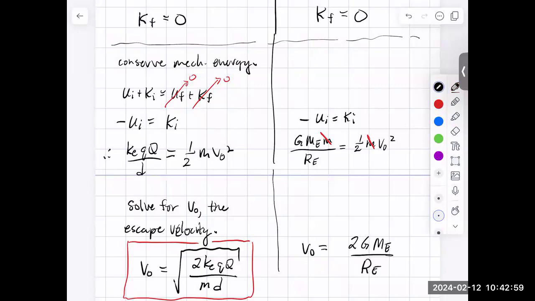That's the escape velocity for our rocket launch. So there are two parallel problems, one in electrostatics and one in gravitation, with basically the same approach. The rocket solution is interesting because it doesn't depend on the mass of the rocket.